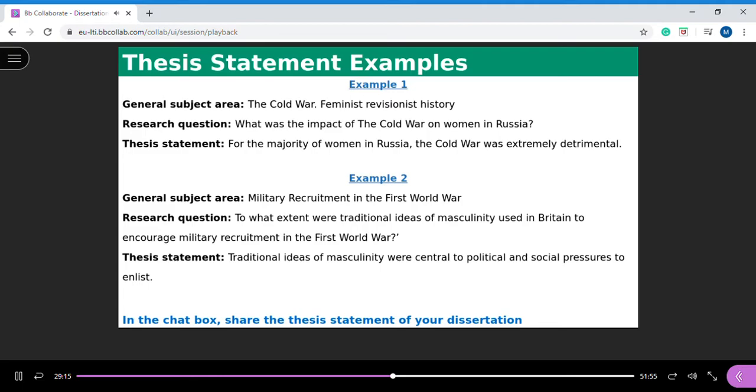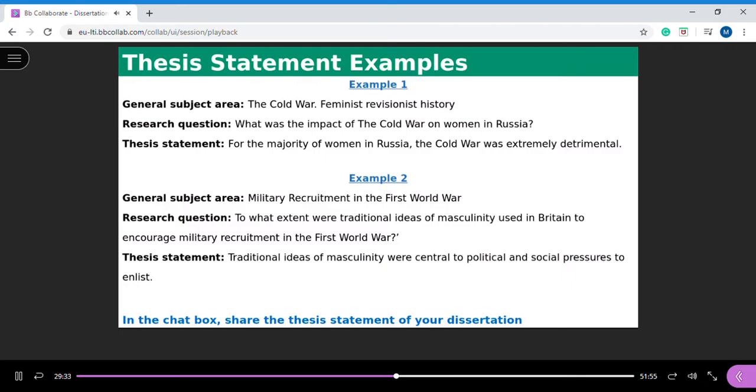So there you've gone beyond saying, this is what I'm going to look at, to having a stance that you think gender was really important to pressure to enlist. So this is a really important aspect of your dissertation, and quite central.